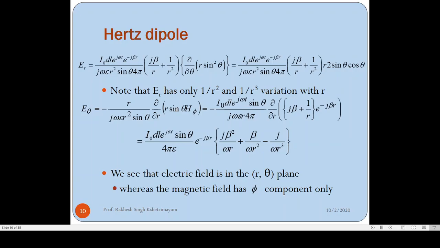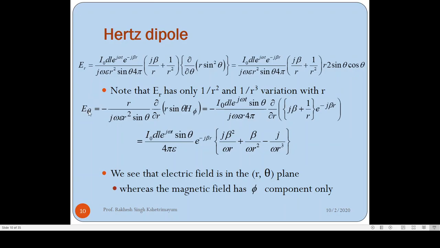So this radial direction component of the electric field has variation with respect to r as 1 by r square and 1 by r to the power cube. So this kind of field won't be able to reach for far distance. It will not be giving me any kind of electromagnetic waves in the far field.